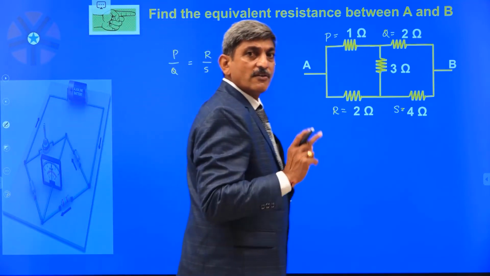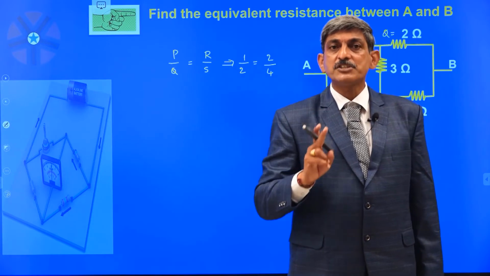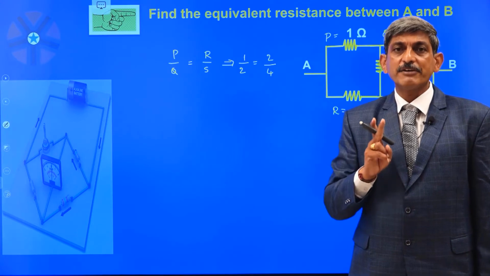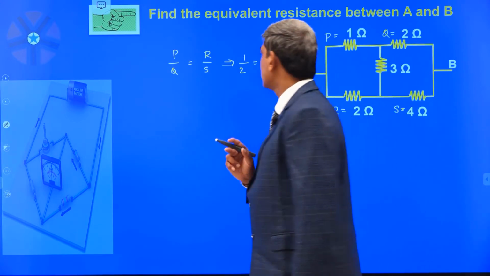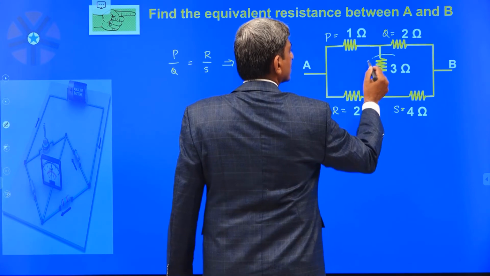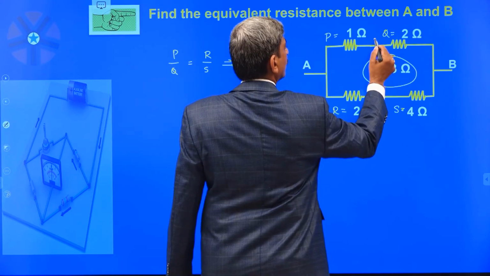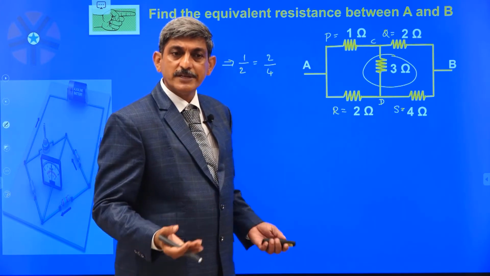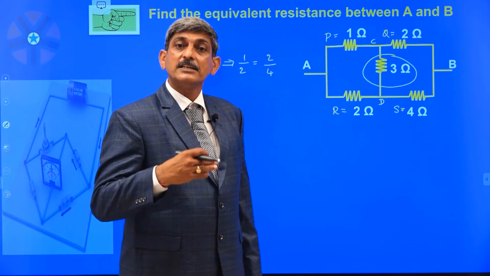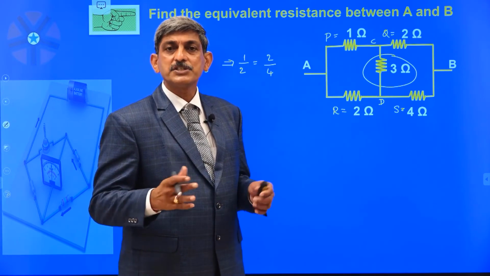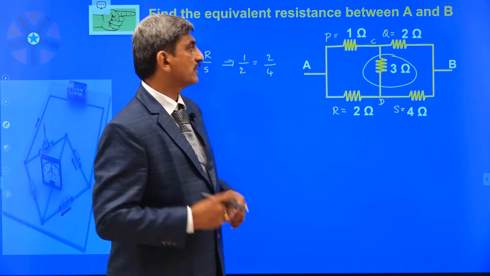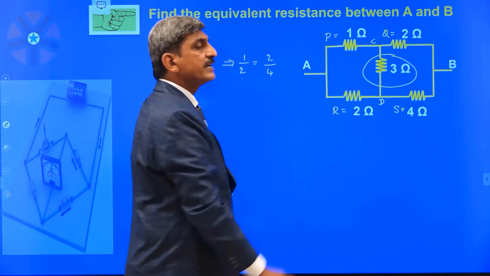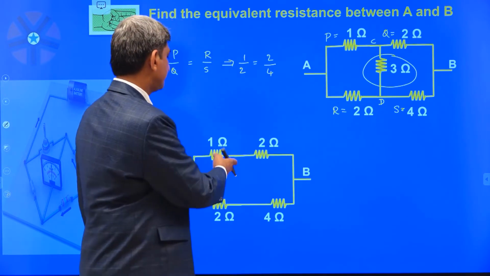Already we know that whenever the condition of the Wheatstone bridge is satisfied, the bridge is under balancing condition. Whenever the Wheatstone bridge is under balancing condition, there is no current passing through the resistance connected between the points C and D. So even if that element is eliminated from the circuit, there is no difference in the currents passing through the circuit, so we can redraw the circuit by eliminating the 3 ohm resistor like this.